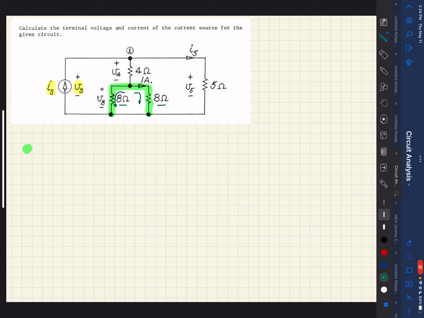We'll define this one as I8, so I8 has got to be equal to 1 amp. Knowing the current and the resistance, we can use Ohm's law to determine V8. The current is 1 amp, and the resistance from the diagram is 8 ohms, so V8 is 8 volts.